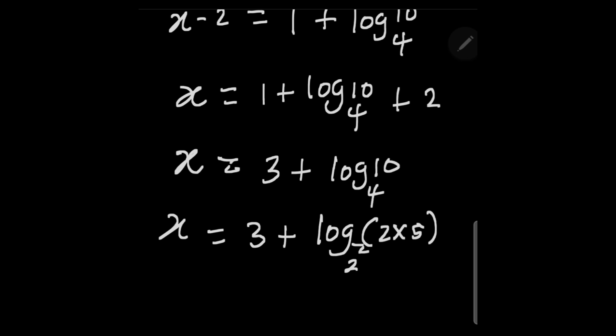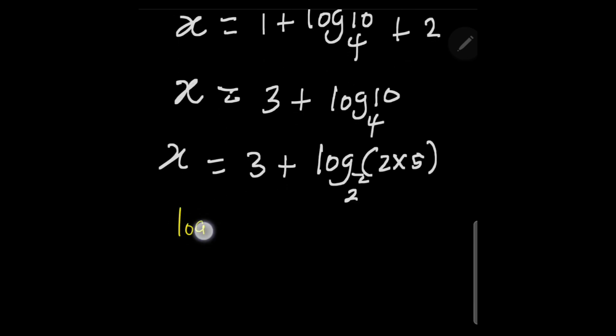Now from here, we need to recall one of the properties of logarithm. Whenever we have log of b to the base of a raised to the power of y, remember this a to the power of y is the base, this can be simplified as 1 all over y multiplied by log of b to the base of a. So this is one of the properties of logarithm.